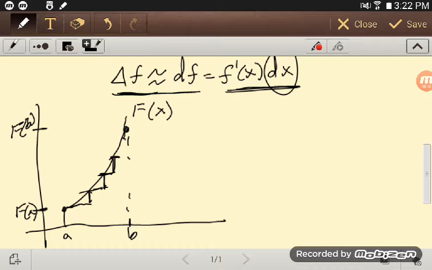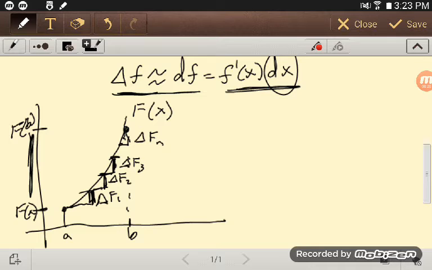And if I call this one, say, delta f1, and this delta f2, and delta f3, all the way up to finally some delta fn, if I sum all those up, I get this distance here, because I took that distance, that distance, that distance, and so forth, and summed them up.